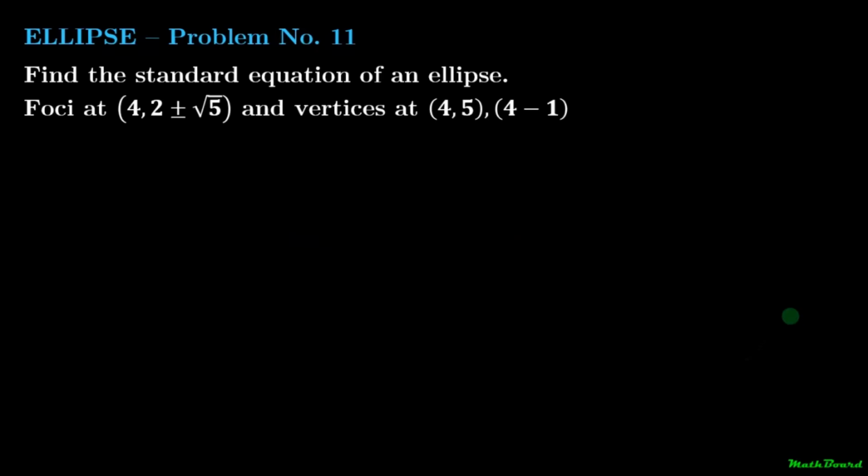How about this one? The foci are at 4, 2 plus minus square root of 5, and the vertices are at 4, 5, 4, negative 1. Ngayon, that's very simple. We have to just get first the orientation of the ellipse to determine the equation. Look at the vertices. We have 4 in the x, then 5, and negative 1 in the y.